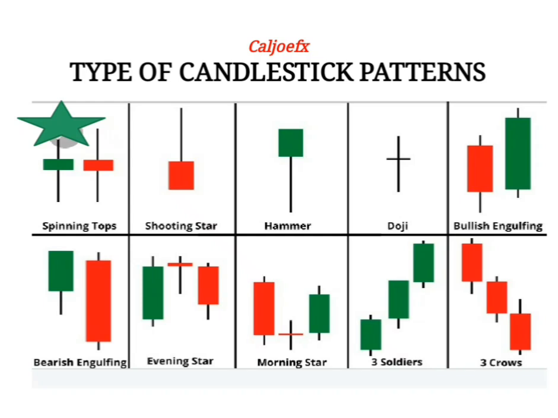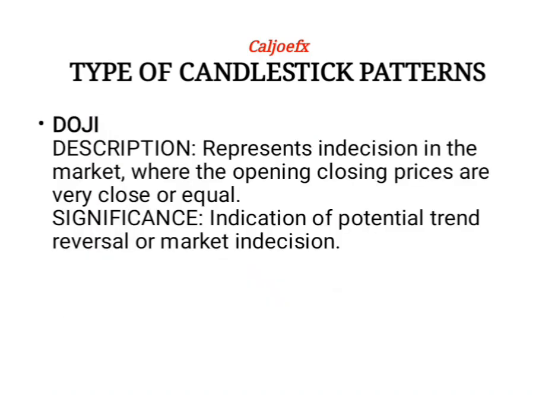Doji tells you that the buyers and the sellers are struggling at an equal rate. Doji represents indecision in the market, where the opening and closing prices are very close or equal, an indication of potential trend reversal or market indecision.